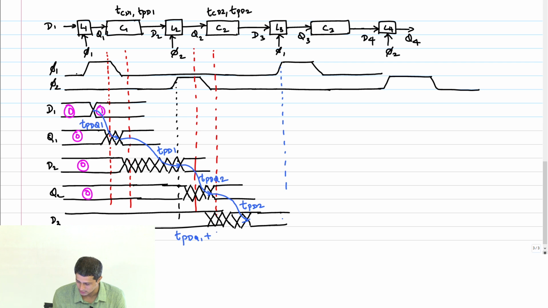T_PD_Q1 plus T_PD1 plus T_PD_Q2 plus T_PD2. What's the inequality? Tc should be greater than or equal to this, right? This is my max delay.